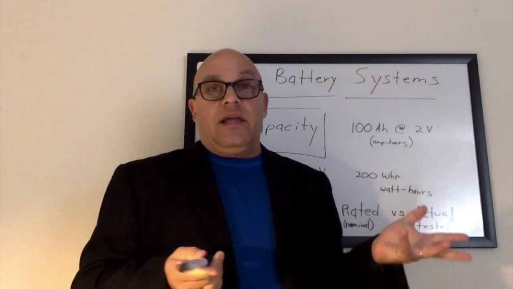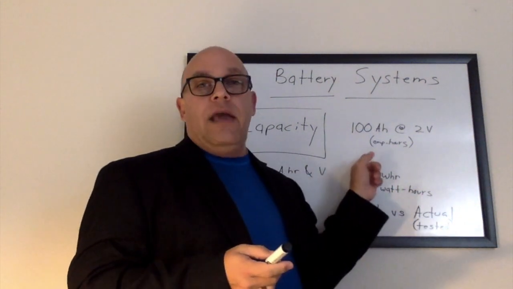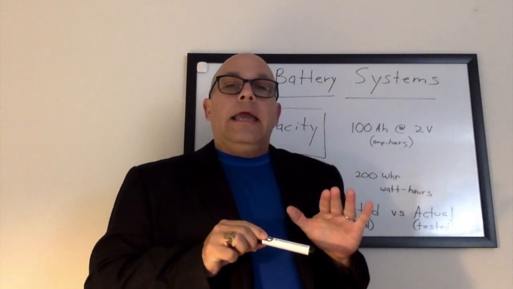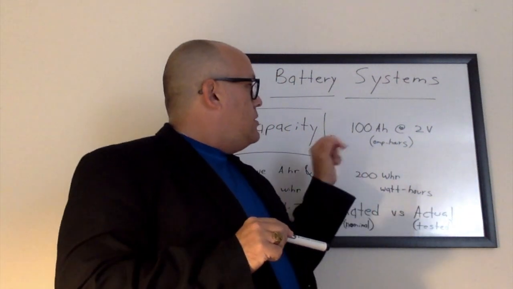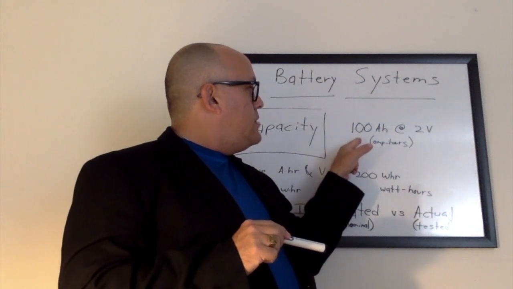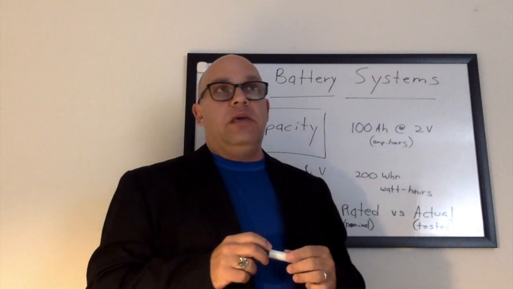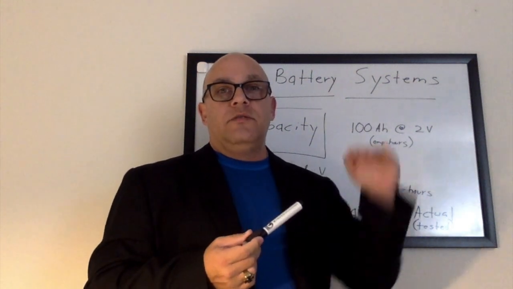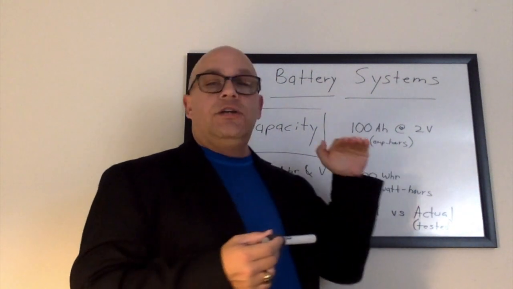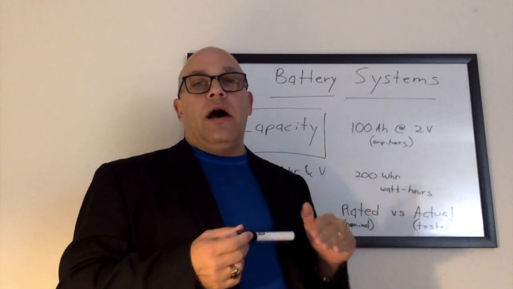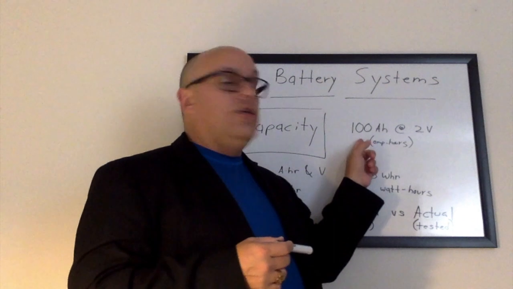Quickly, it's really easy. 100 amp hours means that somebody measured this design and said, okay, this thing can drain at 100 amps for 1 hour, then it'll be empty from the state of full. So if it's a fully charged battery, it'll blast out 100 amps for 1 hour, then it'll be empty. That's all that means, 100 amp hours.